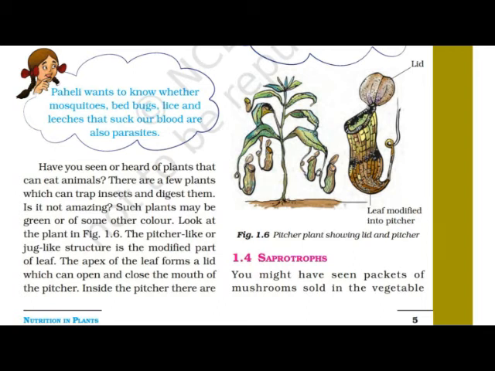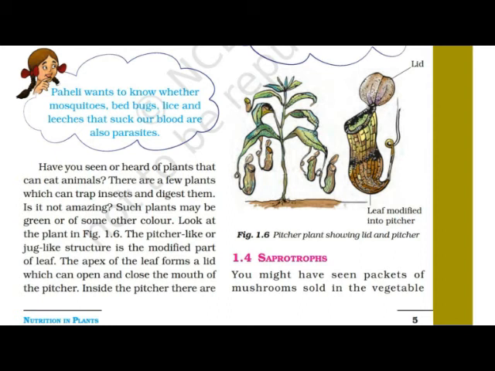Here I have not yet discussed that the pitcher is green in color. It means it contains chlorophyll. Then, even if the pitcher plant contains chlorophyll, why do they depend on other animals? Why do they trap and digest the animal?